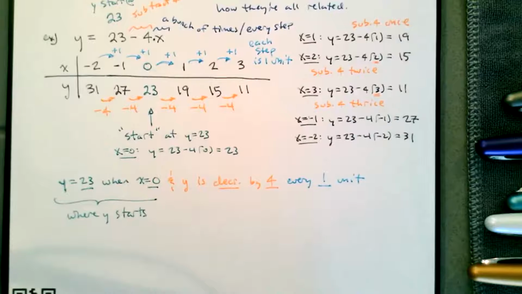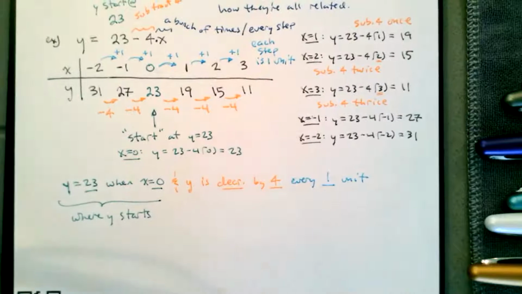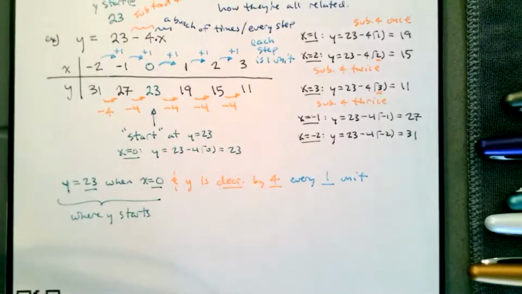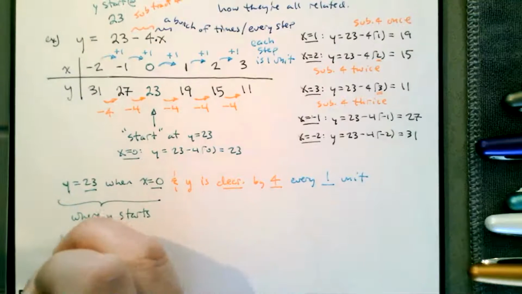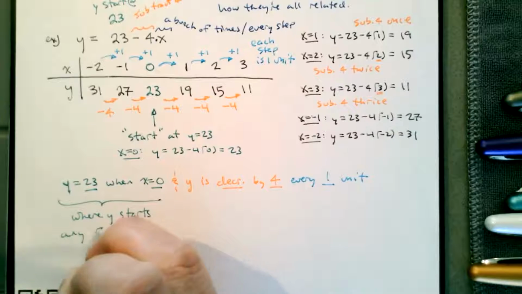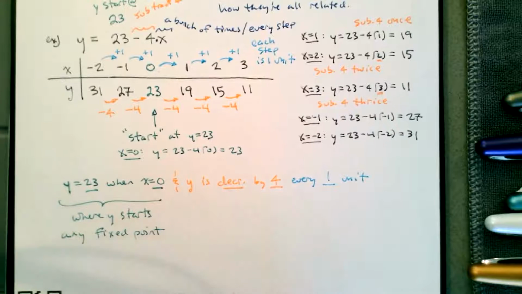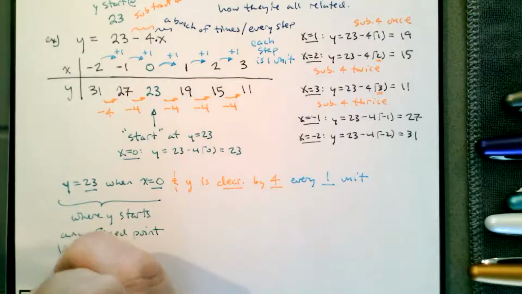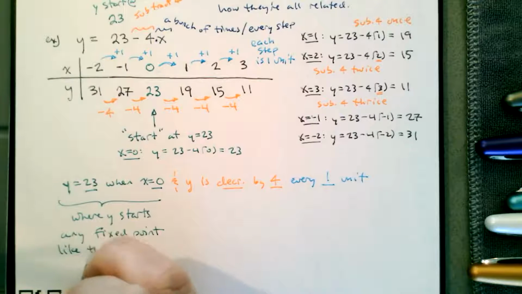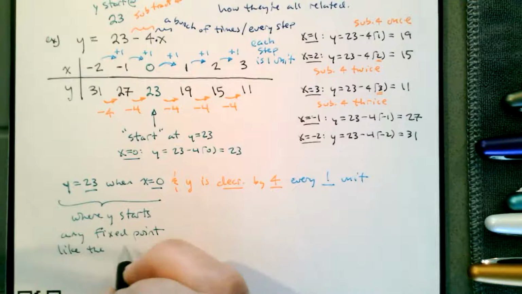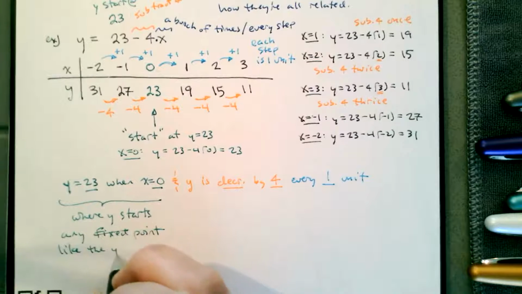Where y starts is going to be any fixed point, which includes, usually, if we're all about the y equals mx plus b, the y-intercept. So where y starts could be any point like the y-intercept.